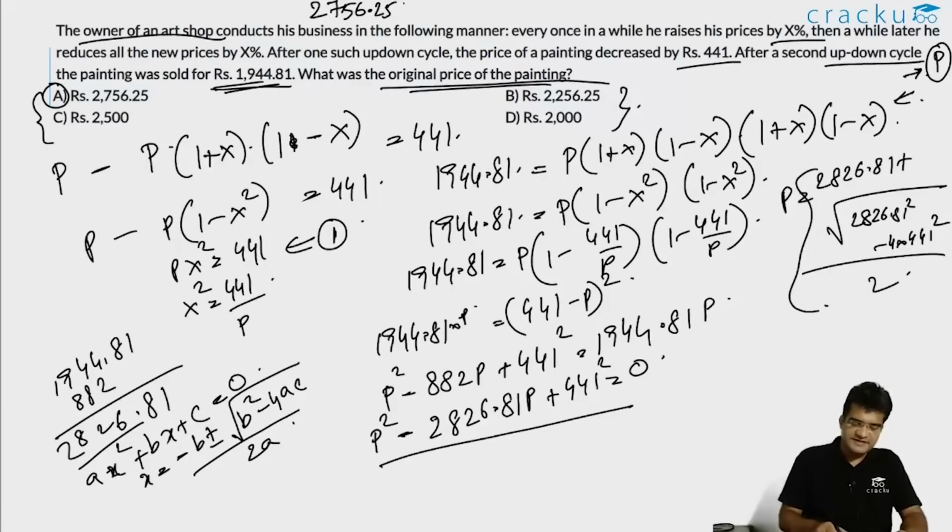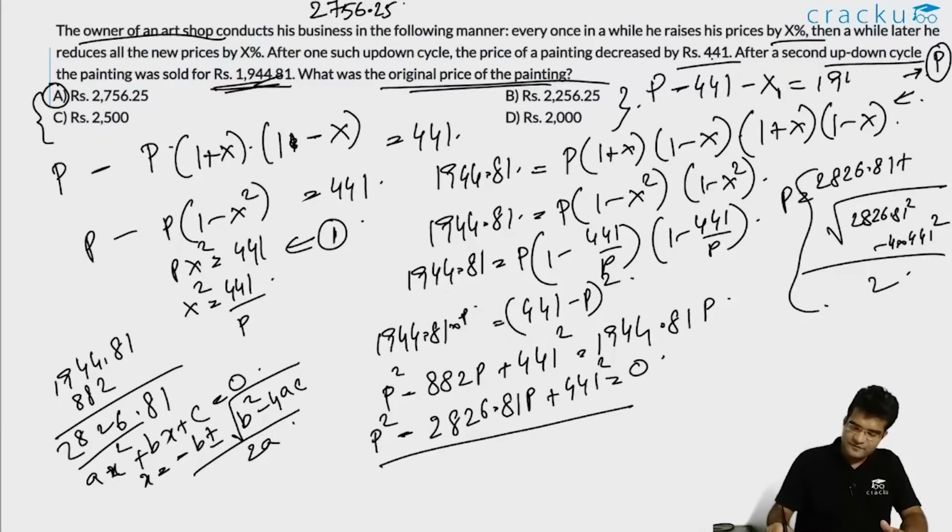This question, if you just look at the options also, you will be able to easily solve it. You know that after the second cycle, the price has become 1944.81. So if you assume that P is the original price, after the first cycle it reduced by 441, so it will be P minus 441. After the second cycle it would also again decrease. Let us assume that it has decreased by X1, just to avoid confusion.